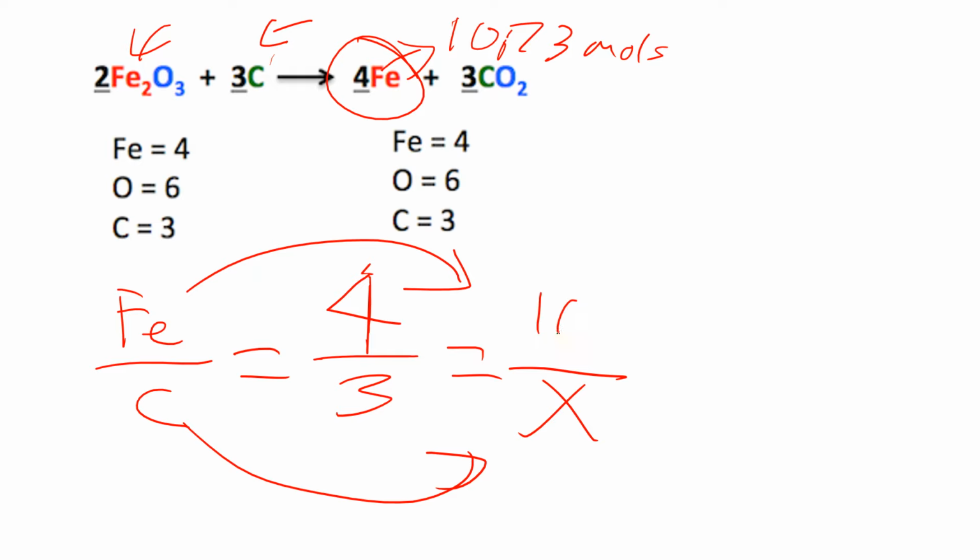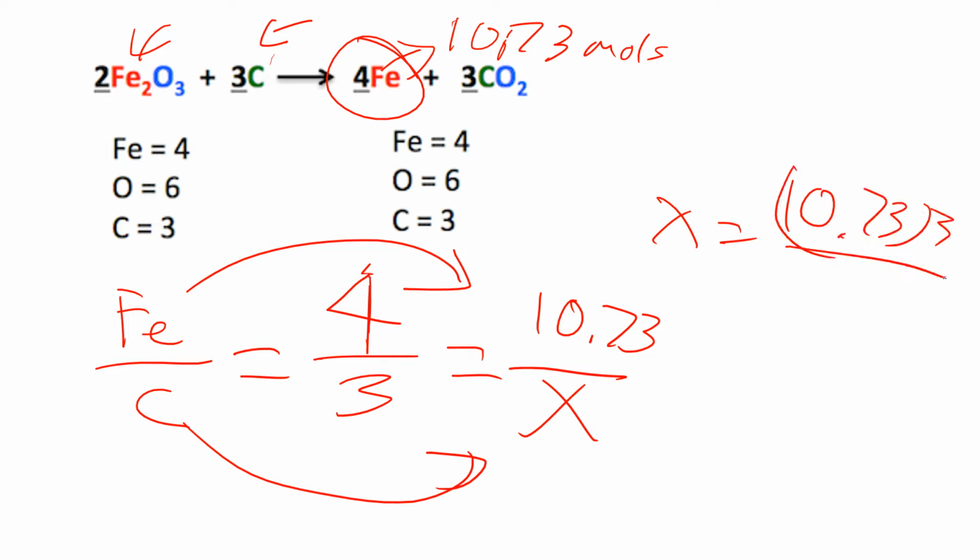We have 10.73. So when we solve for x, we get 10.73 times 3 over 4, which is 8.05.